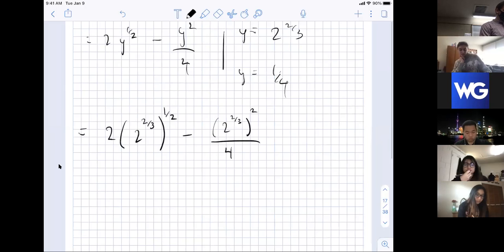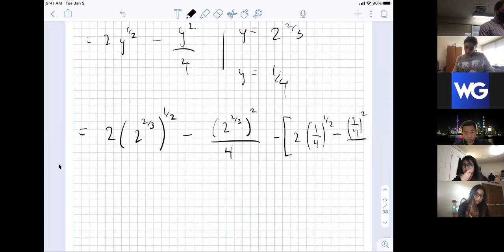Okay, then I plug in 1/4. So minus 2 times 1/4 to the 1/2 minus 1/4 squared divided by 4. I'm going to do a little simplification, but not much, because again, this is nasty.